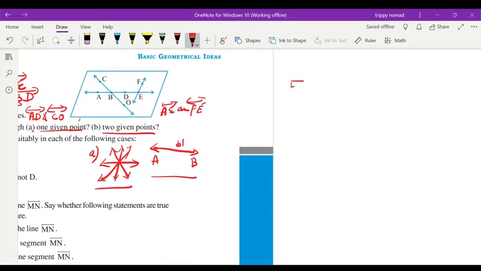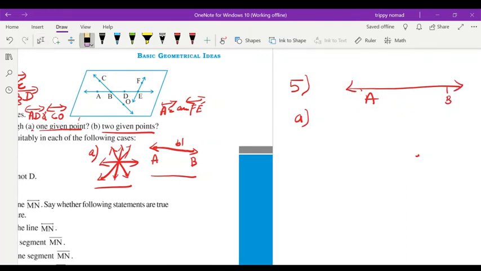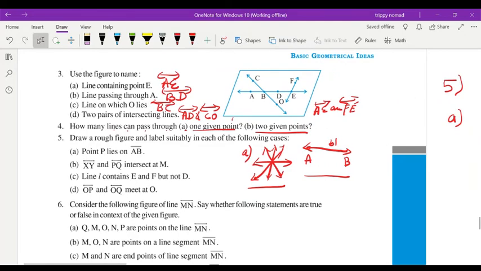Question number 5, part A. We can draw like that, line AB, or you can draw like this also, AB, and put the symbol for line also. Now line AB, point P should lie on line AB. This is a rough diagram, rough figure.